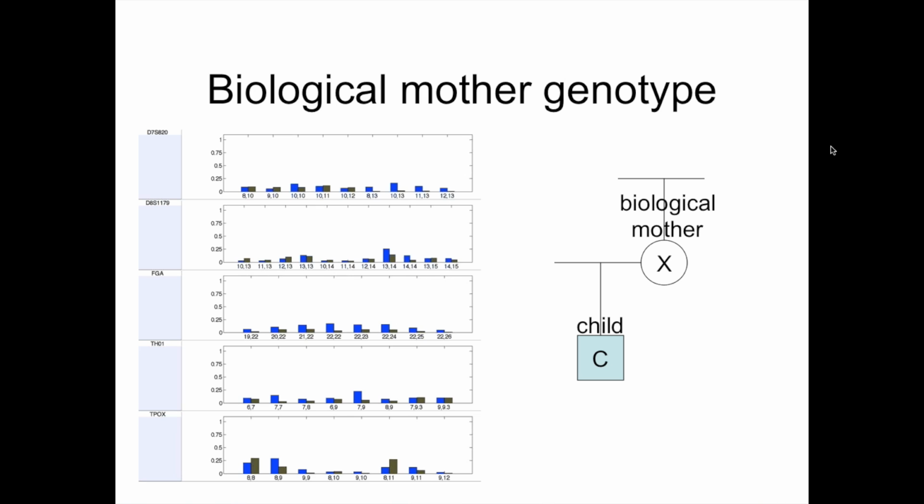I'm showing it here for 5 loci, D7, D8, FGA, O1, and TPOX. The main thing you see here is that the probabilities, the heights of the bars, of the posterior inferred biological mother distribution for X in blue is different at each locus from the prior population, the random population shown in brown.